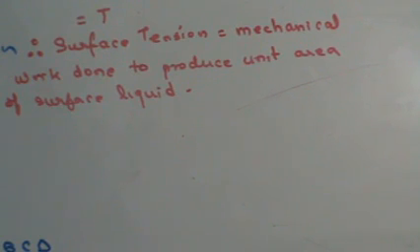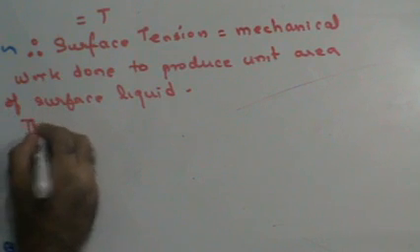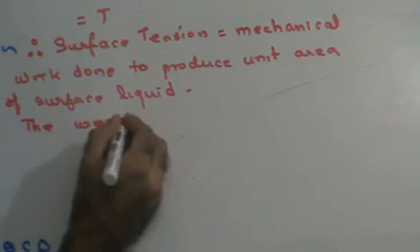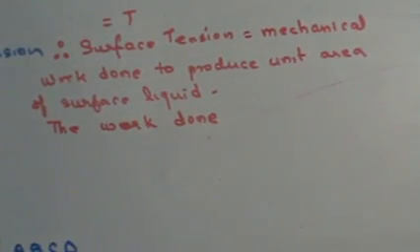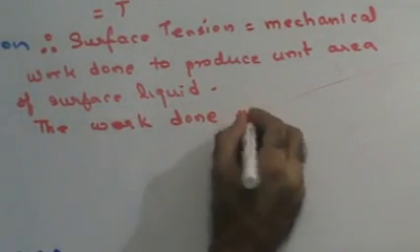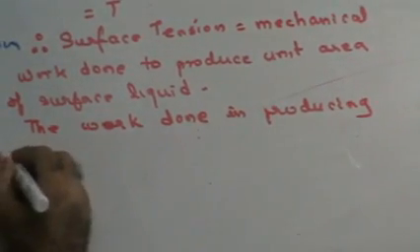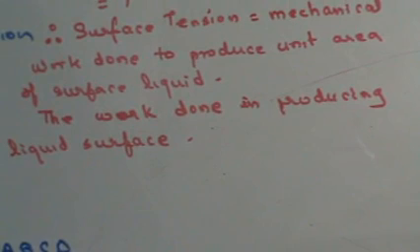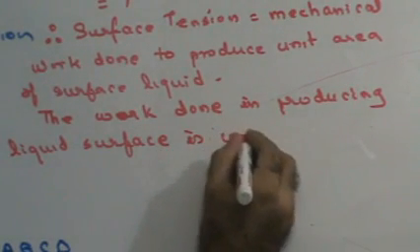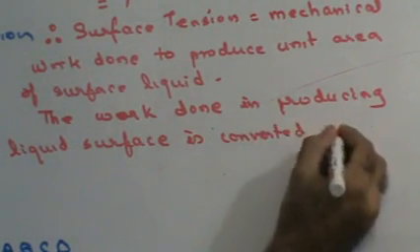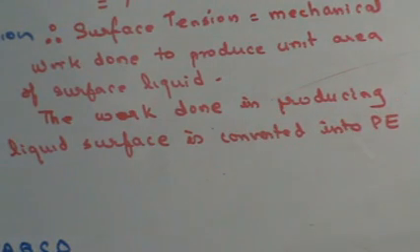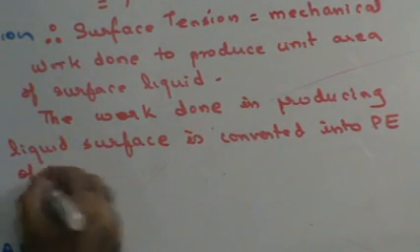Now this work which is done is going to be stored in the form of potential energy. The work done in producing the liquid surface is converted into potential energy of the liquid surface.